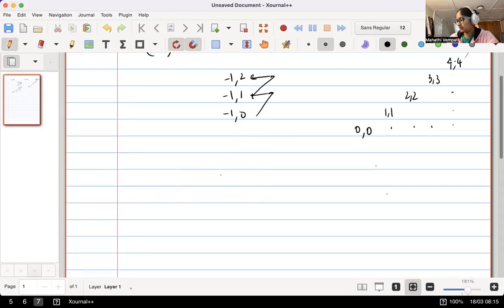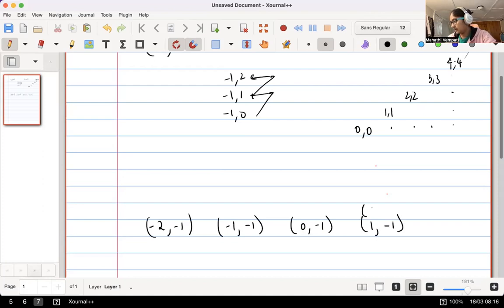Oh, wait, I'm doing this wrong. I have minus 2, minus 1. This is x increases, right? So here I have minus 1, minus 1; 0, minus 1; 1, minus 1. And here y increases. So 1, 0; 1, 1.